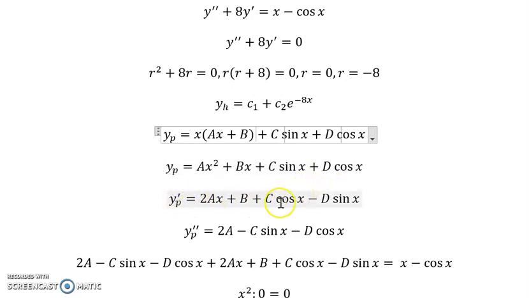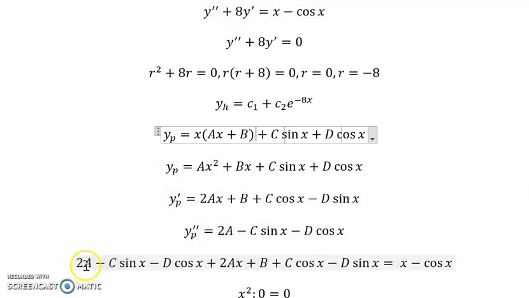So we take our derivative, 2ax plus b, and then sine becomes cosine, and cosine becomes negative sine. Then I take my second derivative, and I'm left with 2a, and then cosine becomes negative sine, and sine becomes cosine.